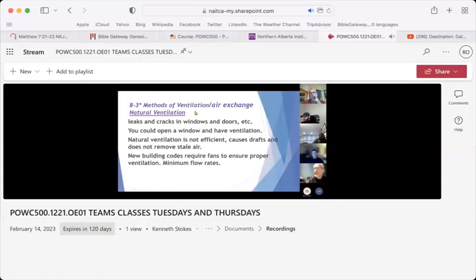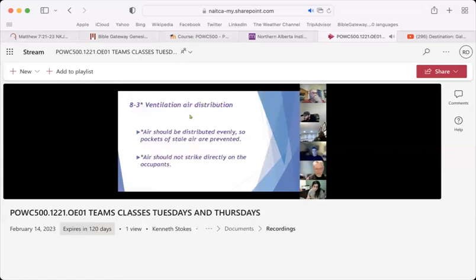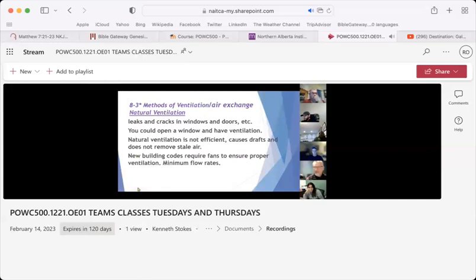So methods to ventilate and exchange air, bring in some outdoor air instead of recycling the same stale air back around and around everybody. Back in the day, we had something called natural ventilation.